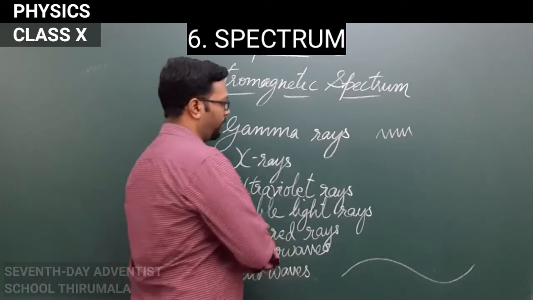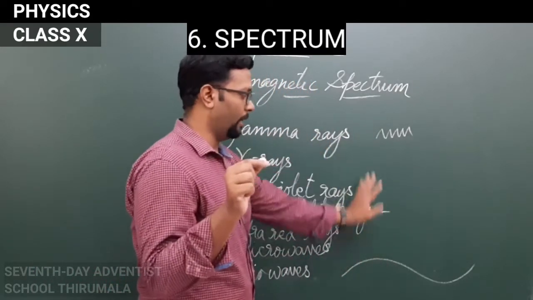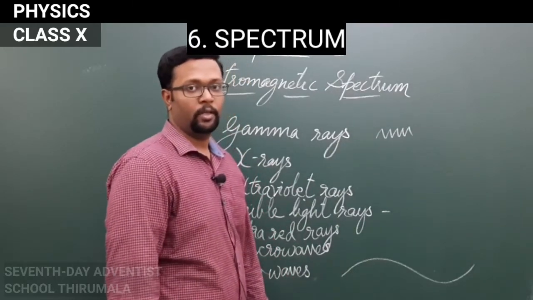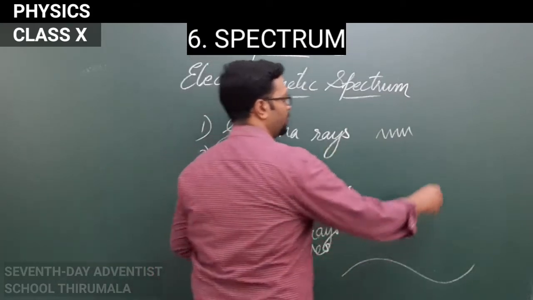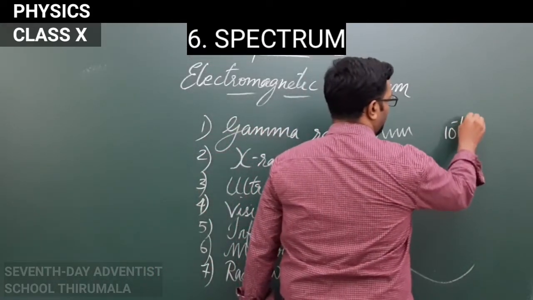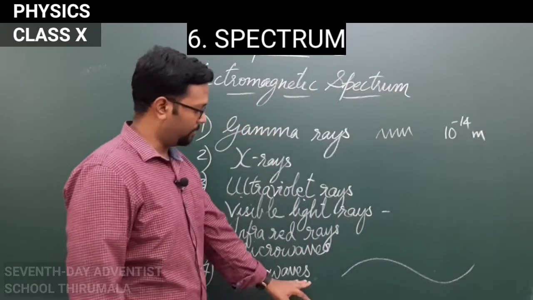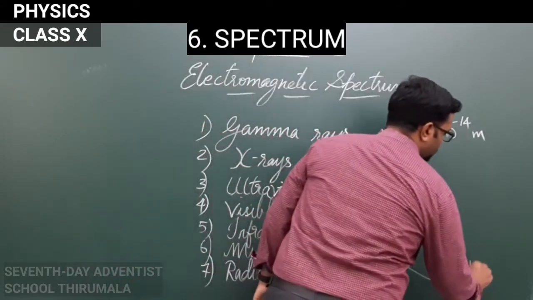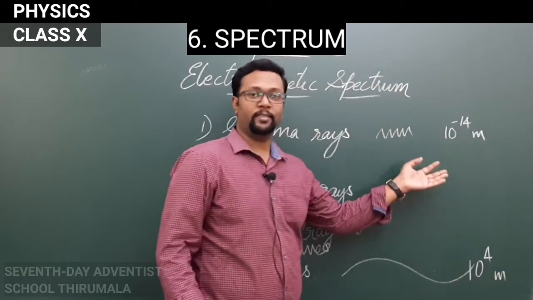And visible light ray forms a very small region in the whole electromagnetic spectrum. So the value for gamma ray is in the range of 10 raised to minus 14 meters. And when it comes to radio waves, it is 10 raised to 4 meters. Look at the difference in their values.